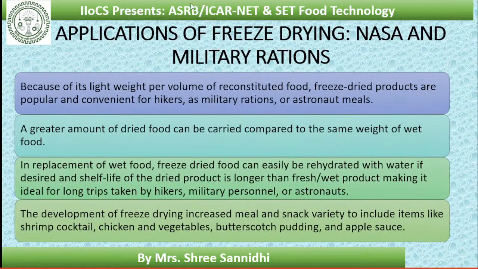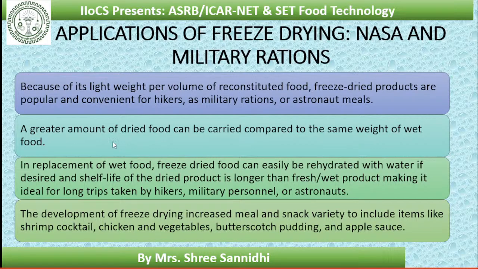So let us see some applications of freeze drying in different areas of food industries. Because of the light weight of the freeze dried products per volume of reconstituted food, freeze dried products are popular and convenient for hikers, as military rations or astronaut meals.